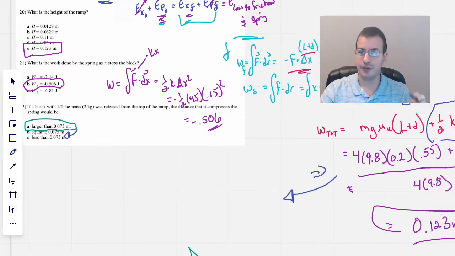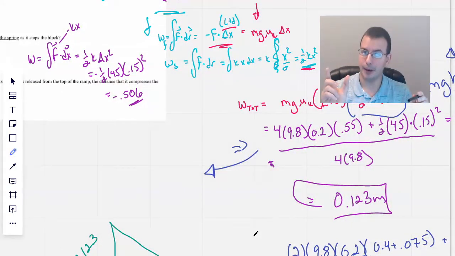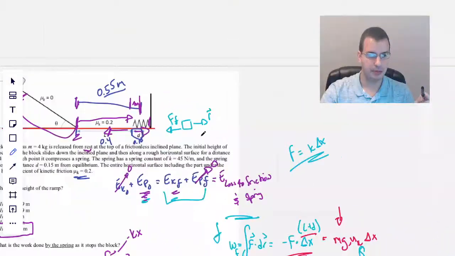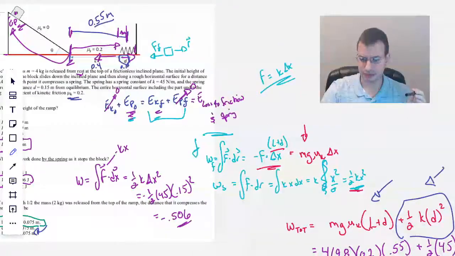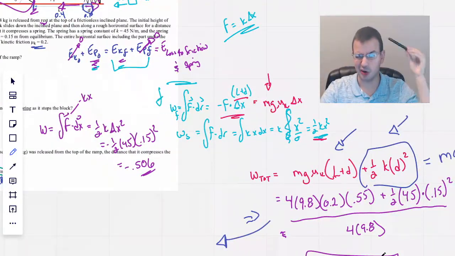We could figure out how much that spring would be compressed, but it gets challenging because of this d right here. Because this d is squared when you have the energy of the spring, but it's also, I guess, not linear in terms of friction, because it's not only compressing the spring, but as the spring moves, it also loses energy due to friction. And that would give us a quadratic, and I don't want to do a quadratic.